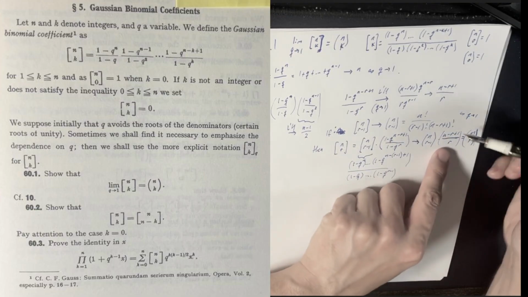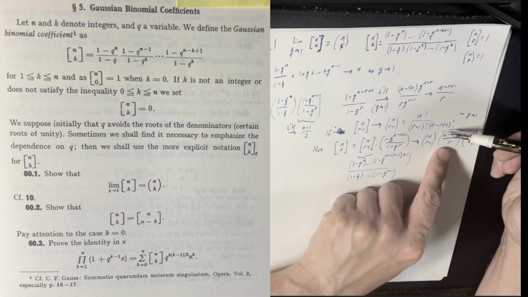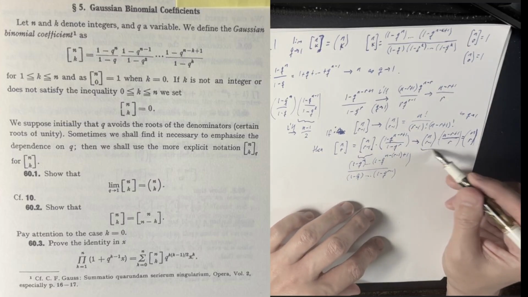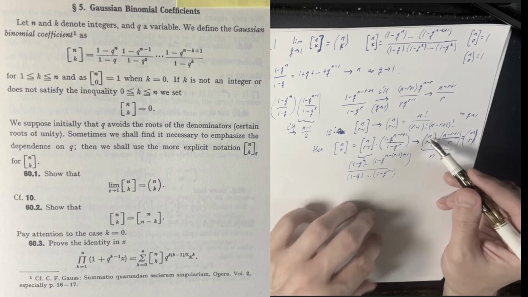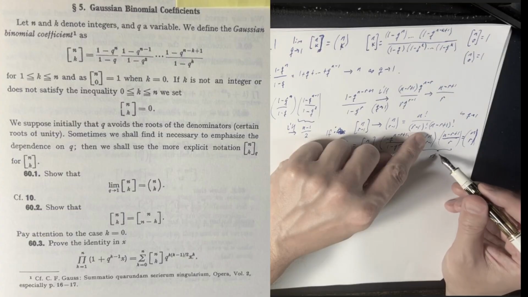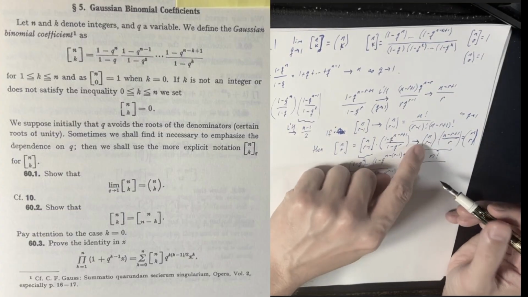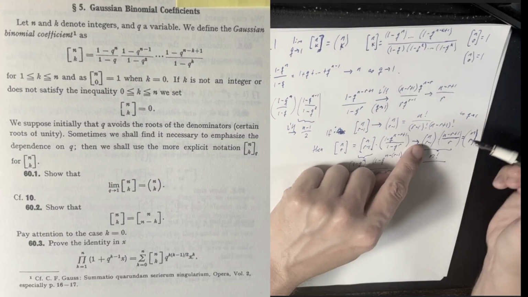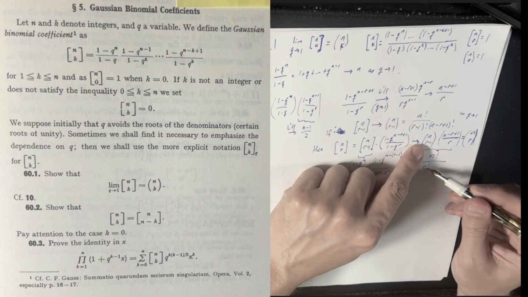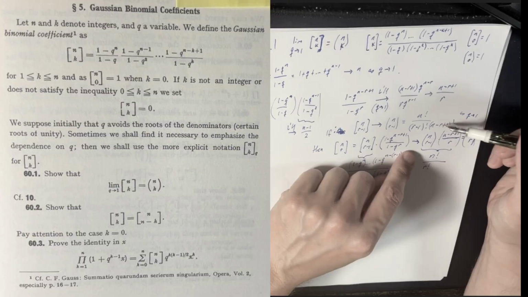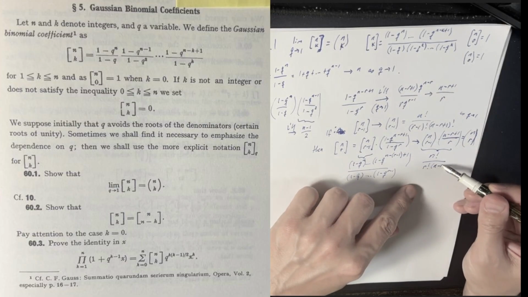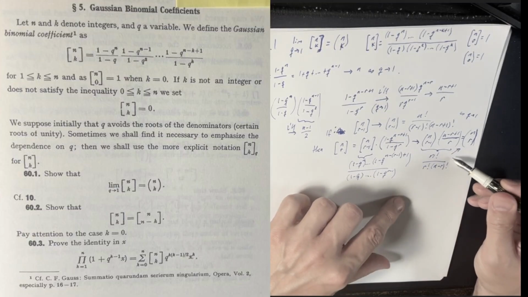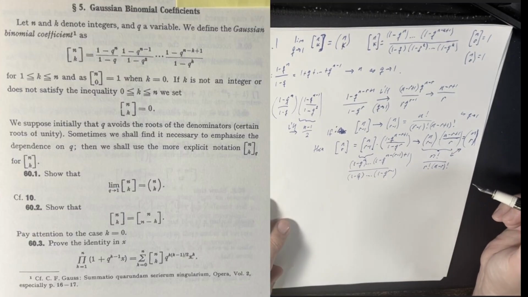This factor in the numerator cancels there, so this part is still n factorial from here. That's still there. But this r minus 1 factorial has become an r factorial. And this term canceled and left you with 1 fewer. So you're actually getting this, which, these are the same thing. So that's it for 60.1.